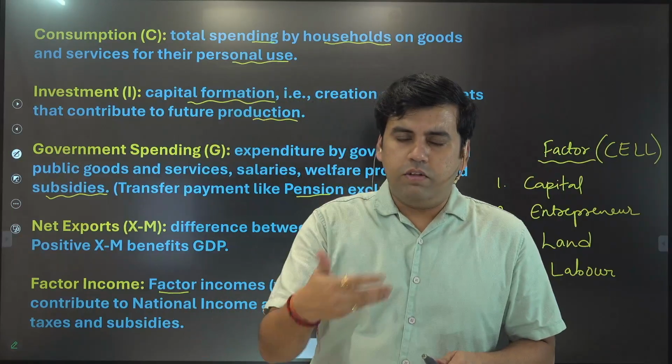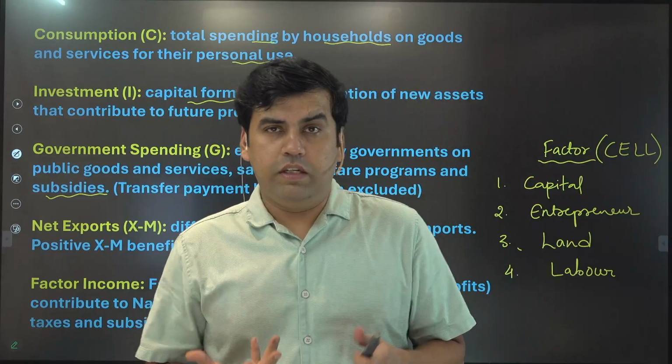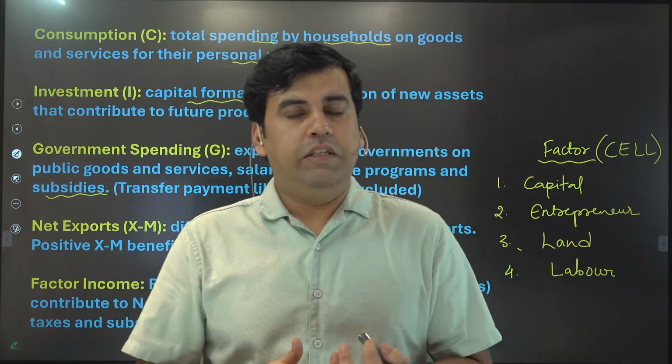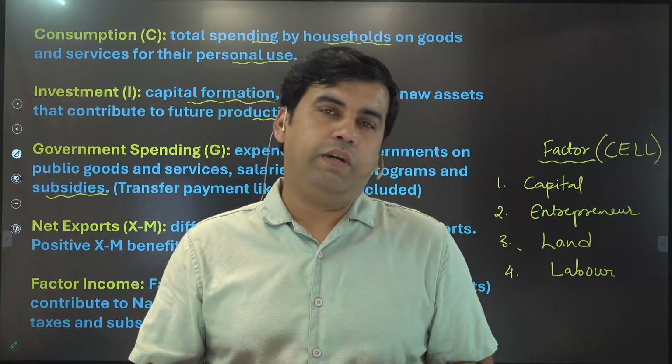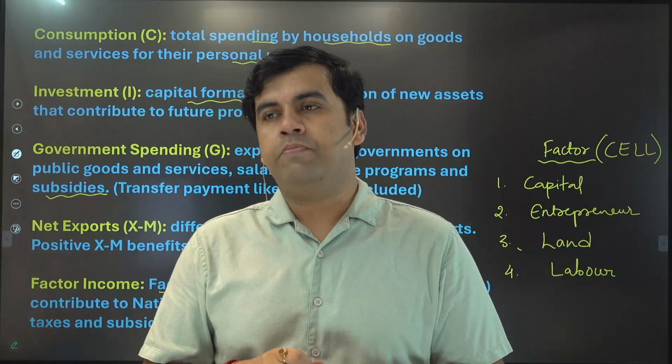The last one is of course the product method, that is how much is being produced in the country. So the income method, expenditure method and product method are the three basic methods to calculate basic GDP.